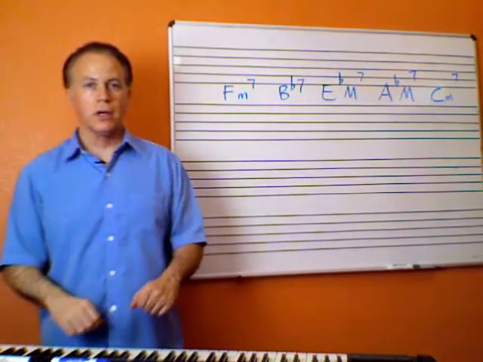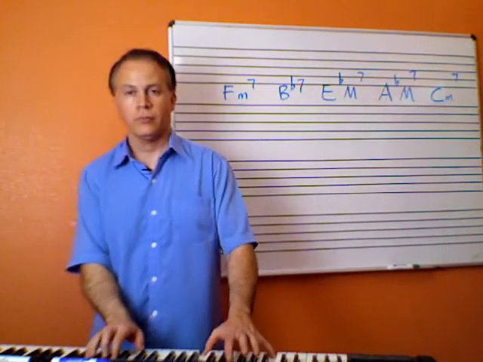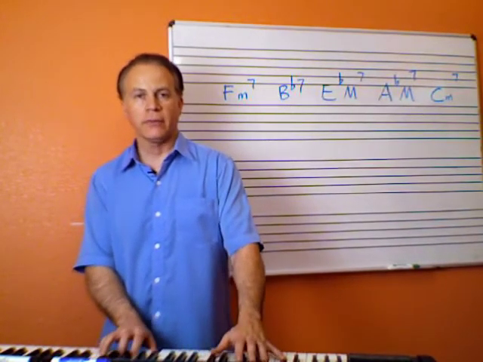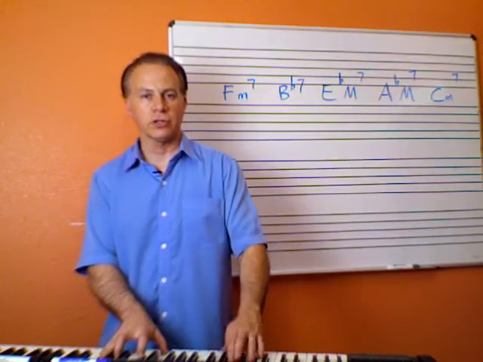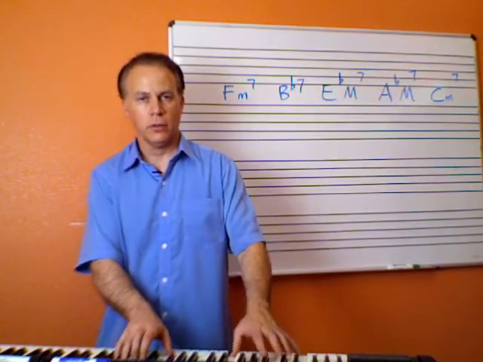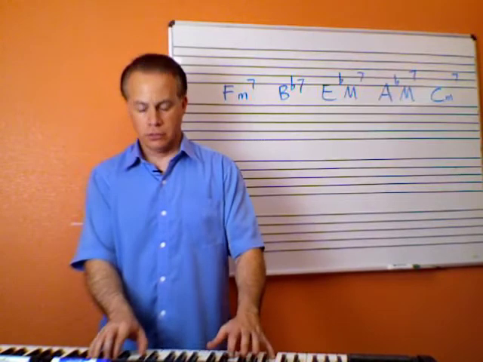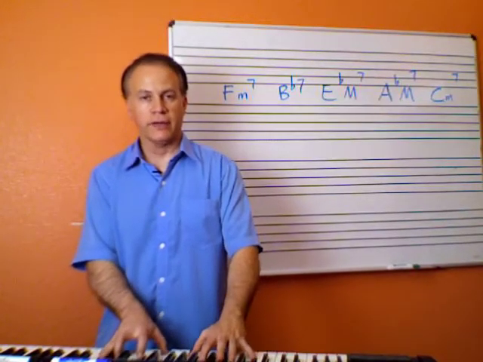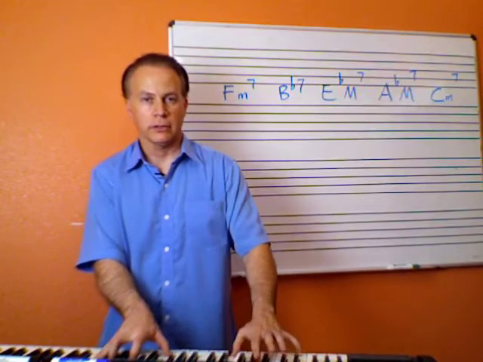Here we go. F minor, B flat 7, E flat major, A flat major, C minor. One more time. F minor, B flat 7, E flat, A flat, C minor.